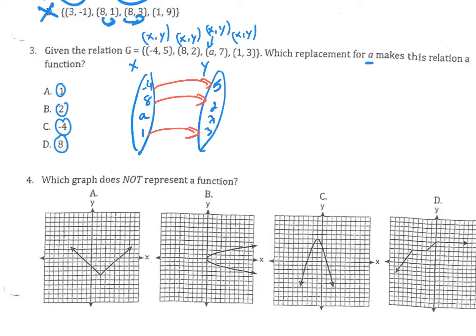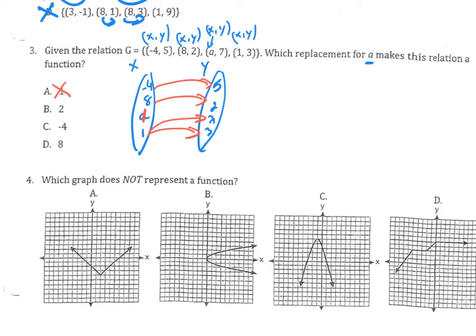Now, in order to have this as a function, A can be either 1, 2, -4, or 8. If A is 1, for example, we really have 1 here, so 1 goes with 3, and we're going to have 1 goes with 7, and that's not a function. So A would be wrong.